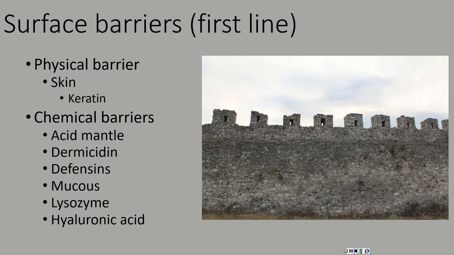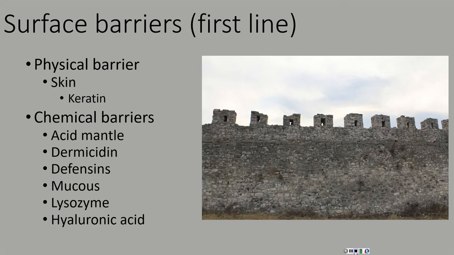There are also various chemical barriers. We have something called the acid mantle. Now, our skin itself has a very low pH, but also inside of our mouth, inside of our nose, inside the anus, inside the vagina, all of those areas have a very low pH.